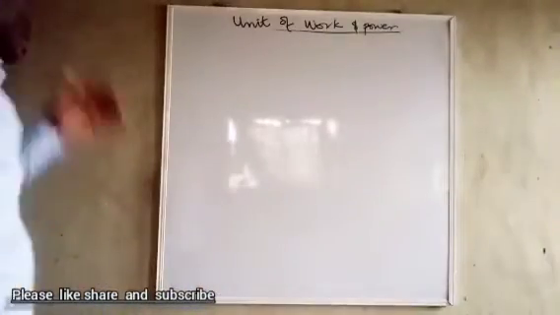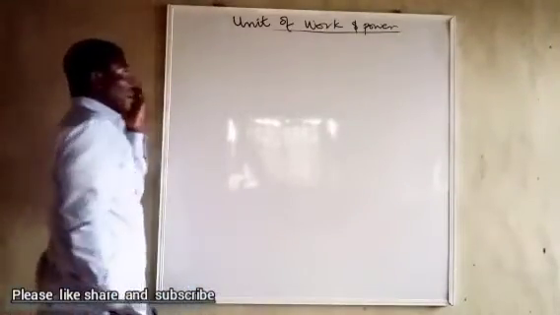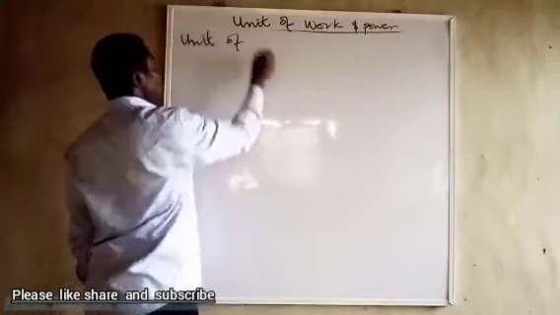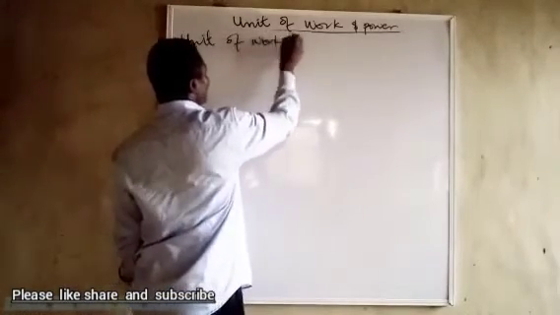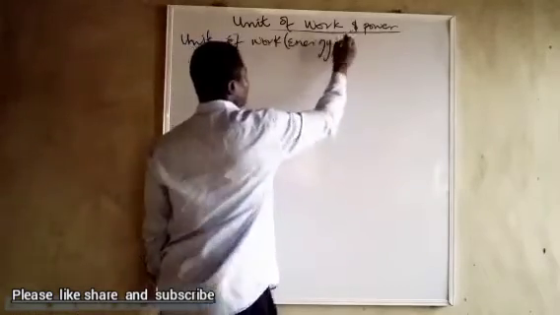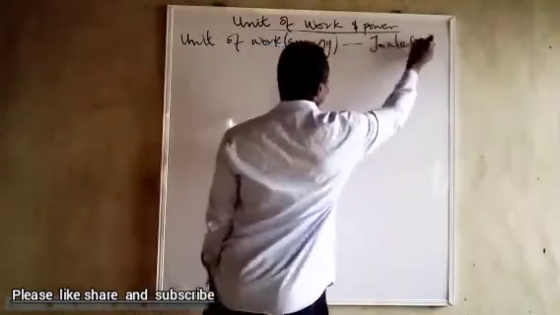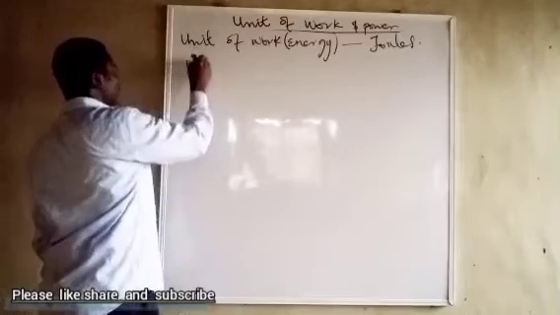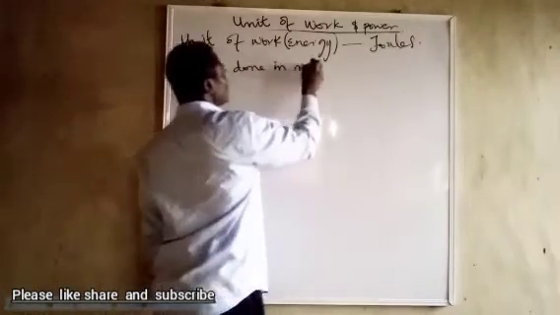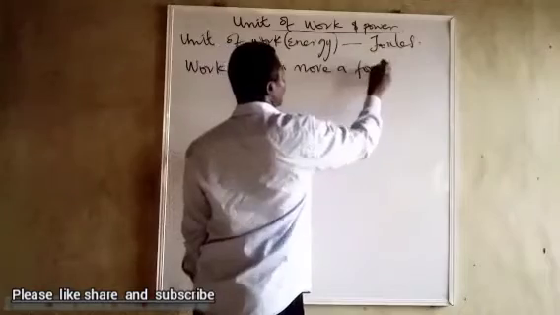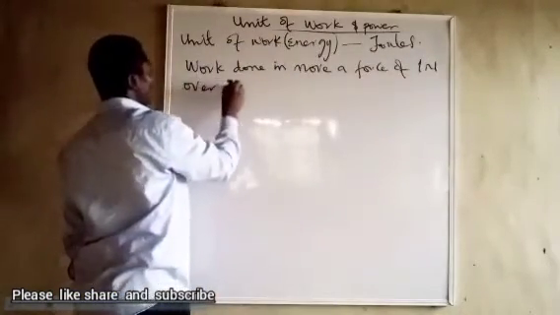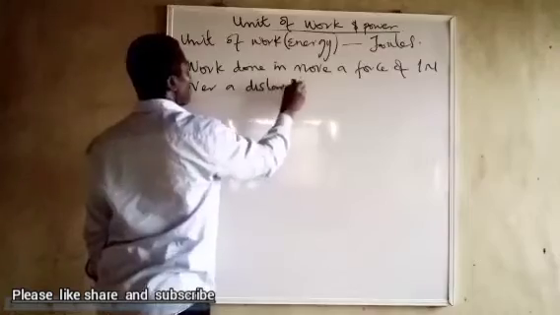So now let's talk about the unit of work and power. The unit of work is the same as the unit of energy, and it is called joules. It is the work done in moving a force of 1 Newton over a distance of 1 meter.